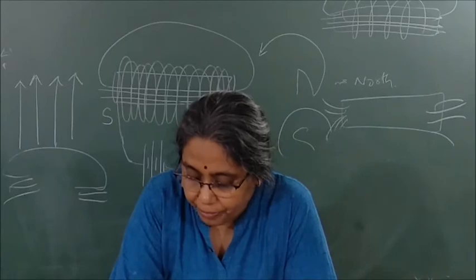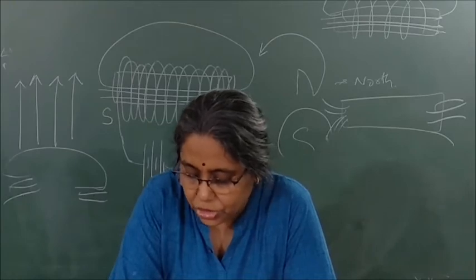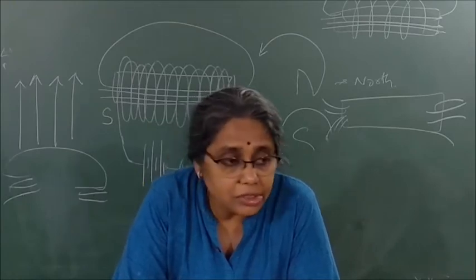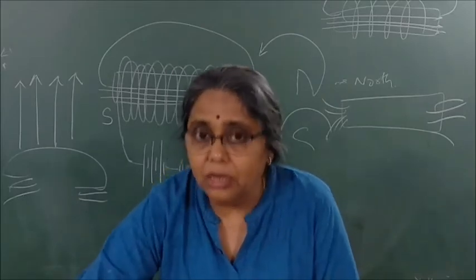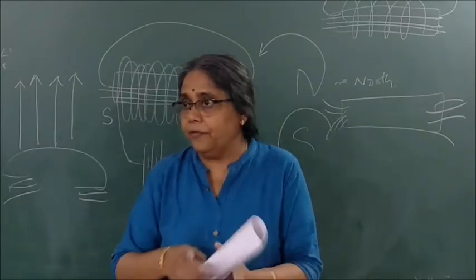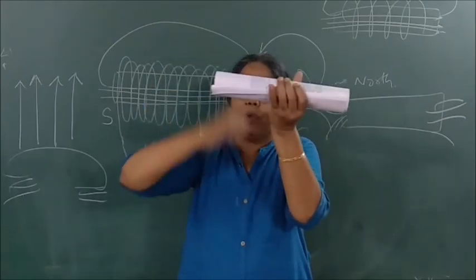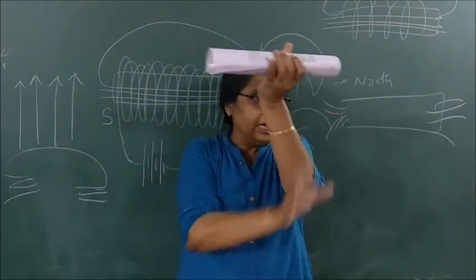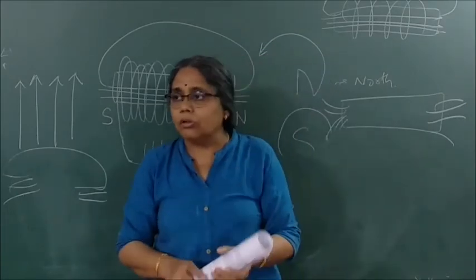A coil of many circular turns of insulated copper wire wrapped closely in the shape of a cylinder is called a solenoid. Clear? Any non-conducting material, if I take it and wrap a number of copper wires around it, which is then connected to a cell or a battery using a plug key, is called what?